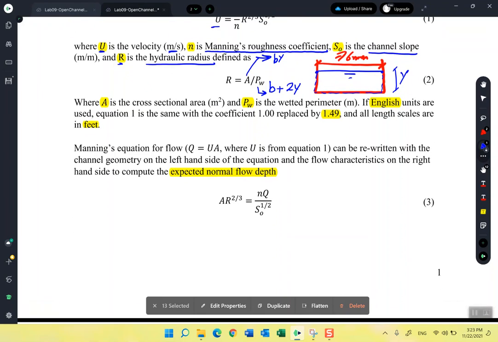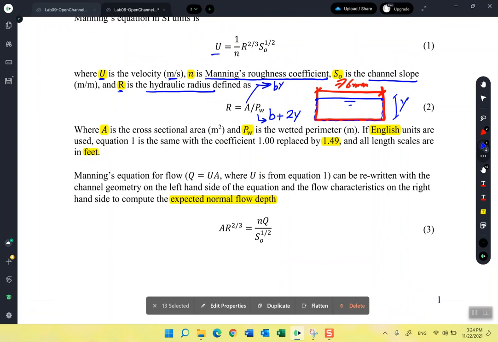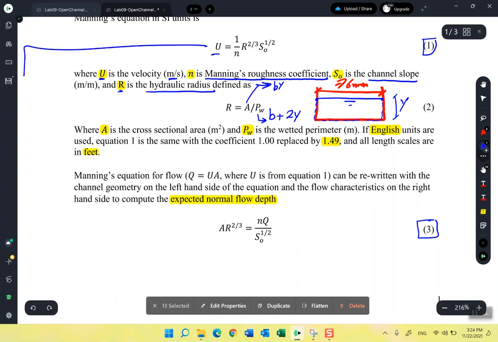Great. So here is also another form of the Manning equation. Equation number 3 is almost the same as equation number 1. The only difference is that I have multiplied both sides by the area. So just to make things clear, if I multiply the right and the left hand side by area, the left hand side will be UA, which I can substitute with, can you tell me?